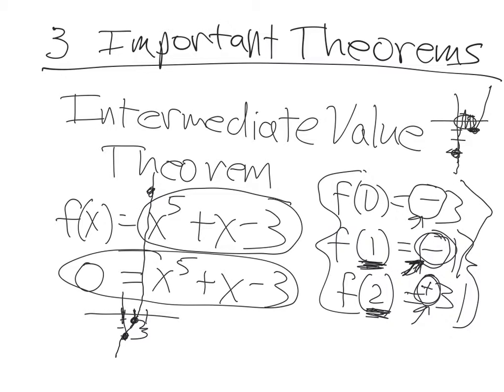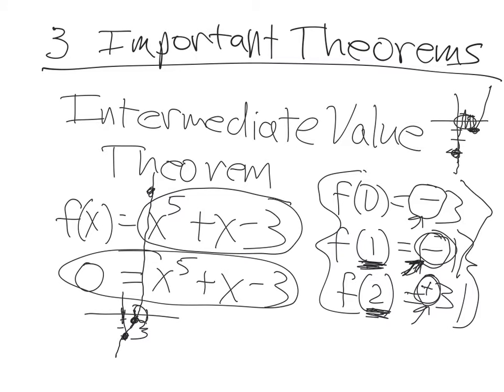Graphically, we can see that somewhere in there, it's going to cross the x-axis. So that's a real big theorem as far as solving equations. There are two main statements. We'll get to the second one after our next theorem, but this theorem says there exists a solution between 1 and 2.